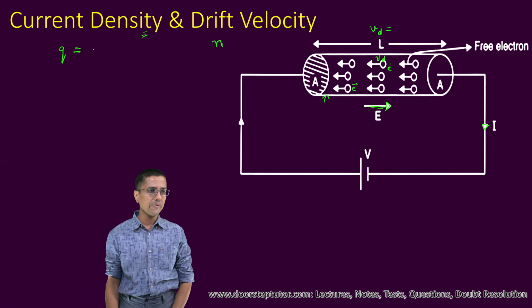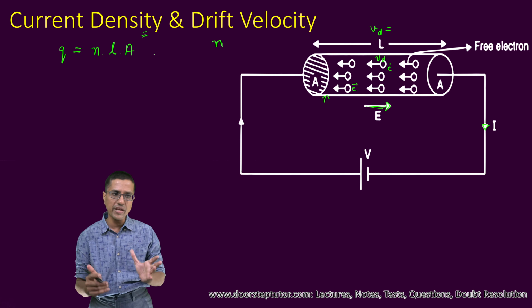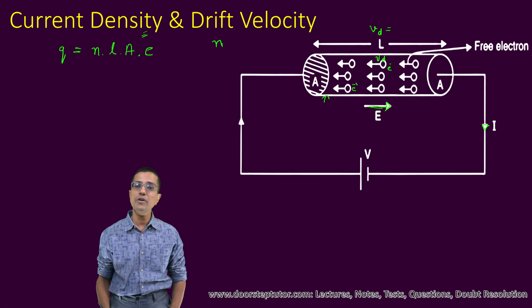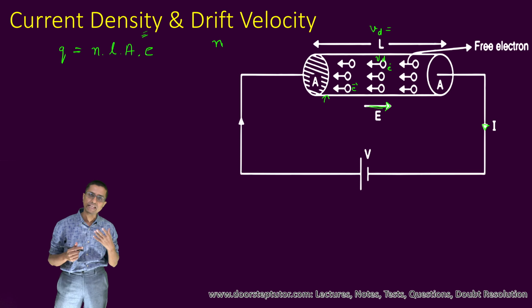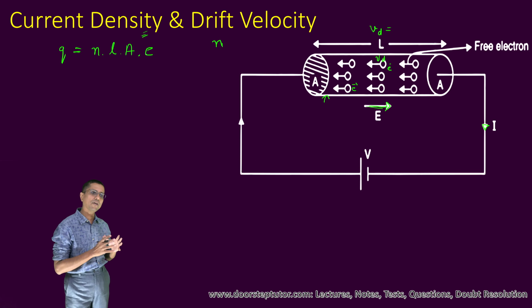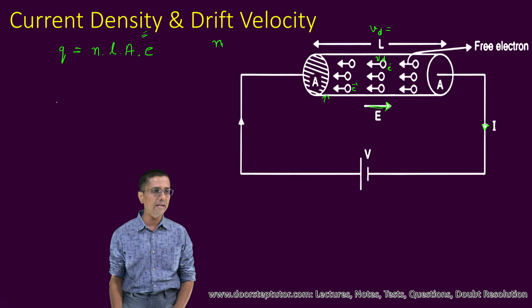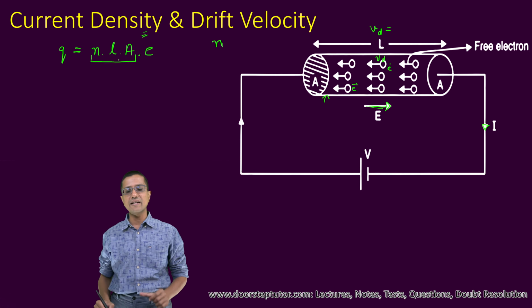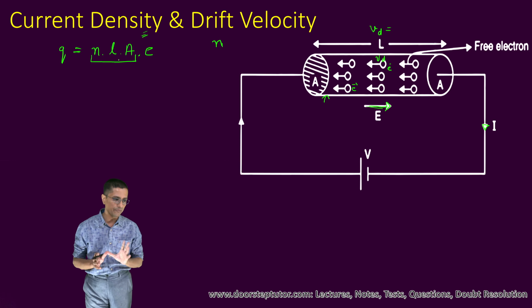That would be n into the total volume, which is L into A. These are the total number of carriers, and there is a charge of e on each of them, because it's an electron. So that is the net charge present inside the conductor at any given point in time.